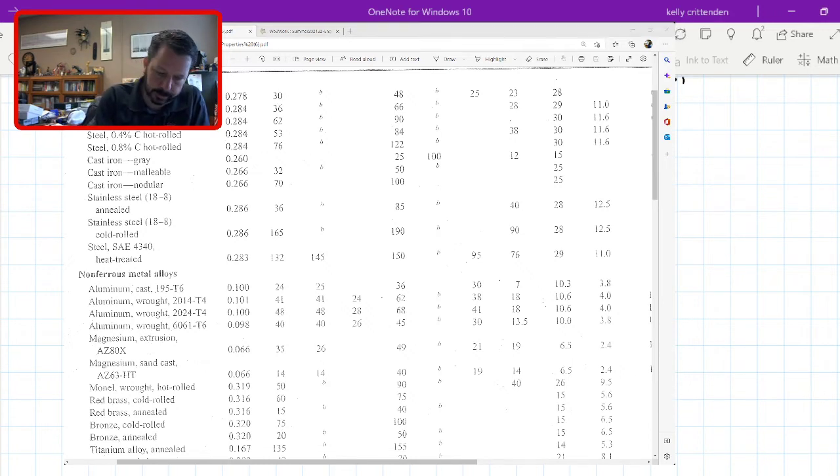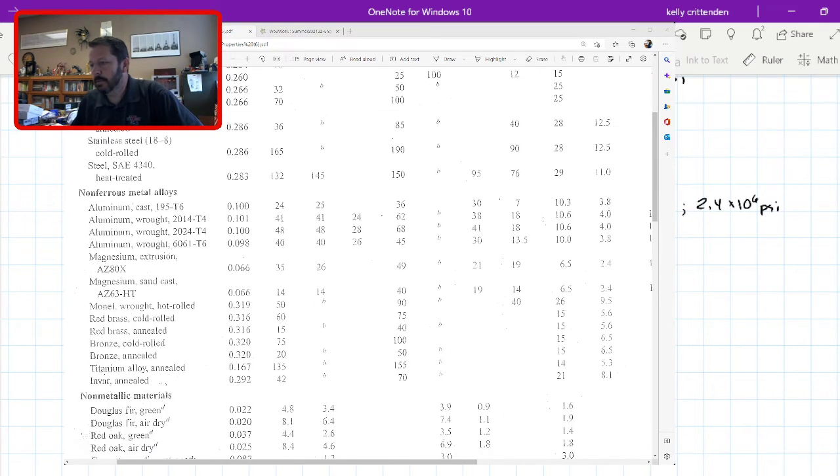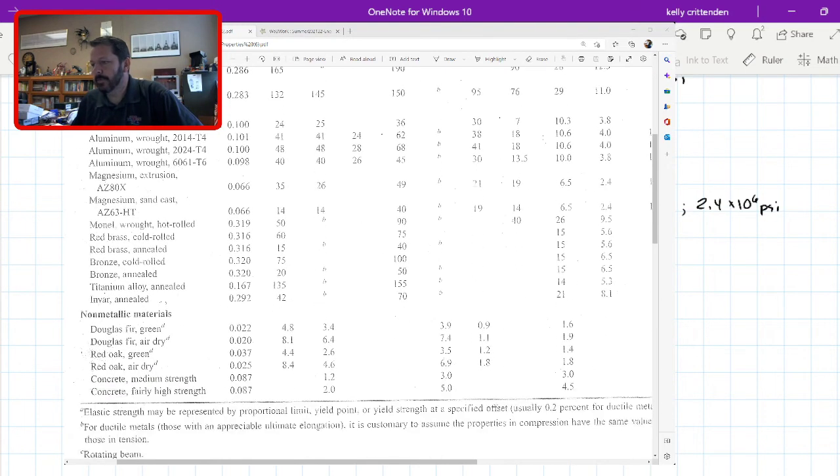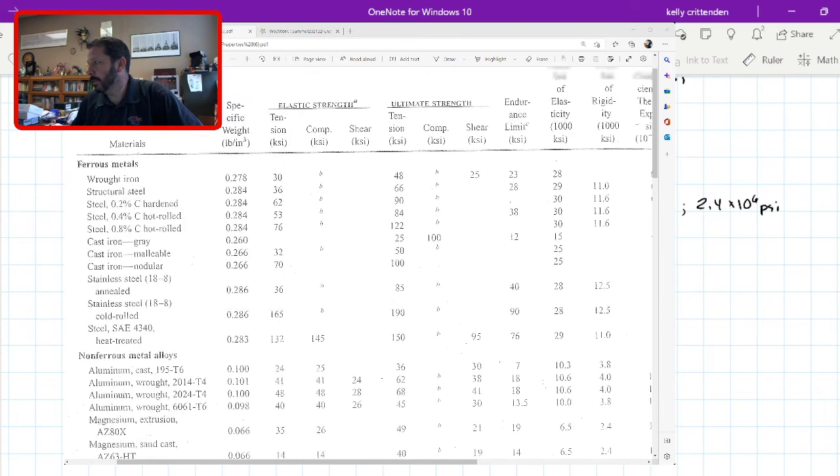So I'm going to write that down. And annealed ENGR, where would that be? There it is at the very bottom here, 8.1 million PSI.